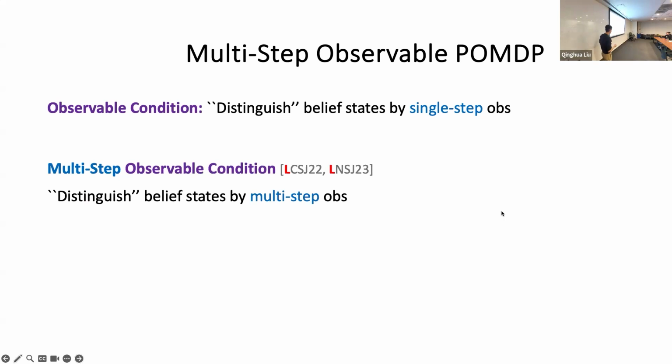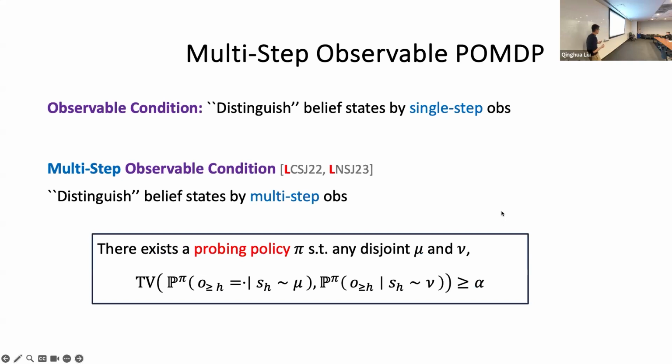But now let's say we want to distinguish belief states using multi-step observations. Formally, we assume something like this: there exists a probing policy such that, starting from different belief states, you will get different observations if you follow this probing policy.